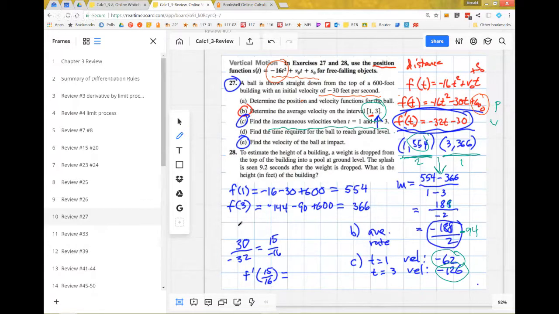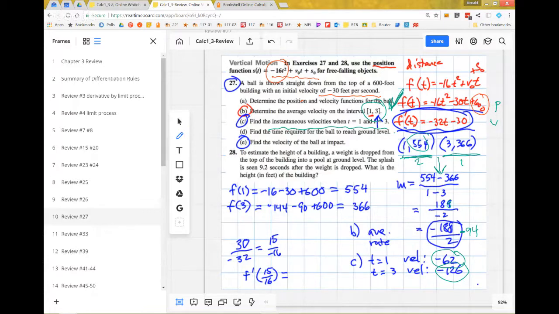If you go back to this original height function, f of t equals negative 16t squared minus 30t plus 600, it's when it comes out to a height of 0.